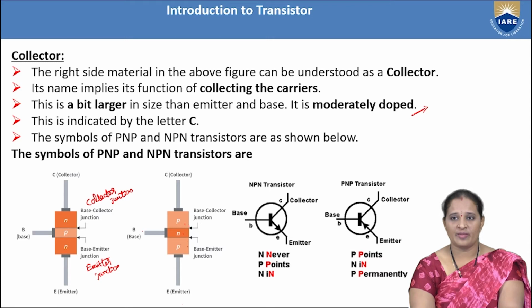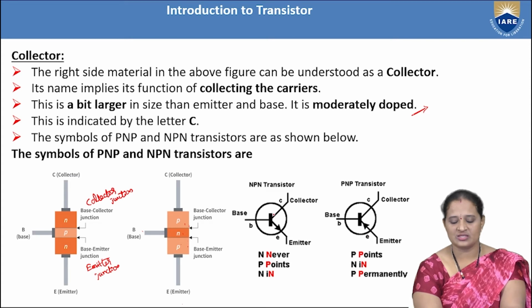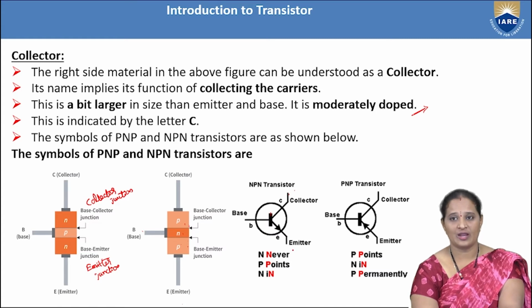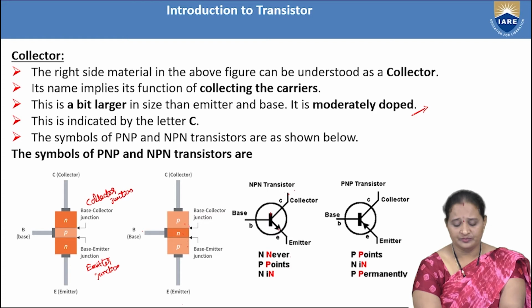Always remember NPN stands for never points in. Here this is the symbol. The bar indicates the base terminal and the remaining terminals are collector and emitter. This arrow indicates the direction of conventional current.